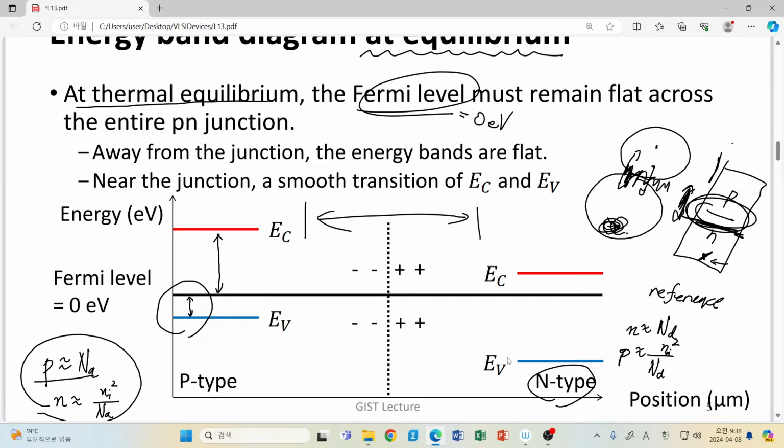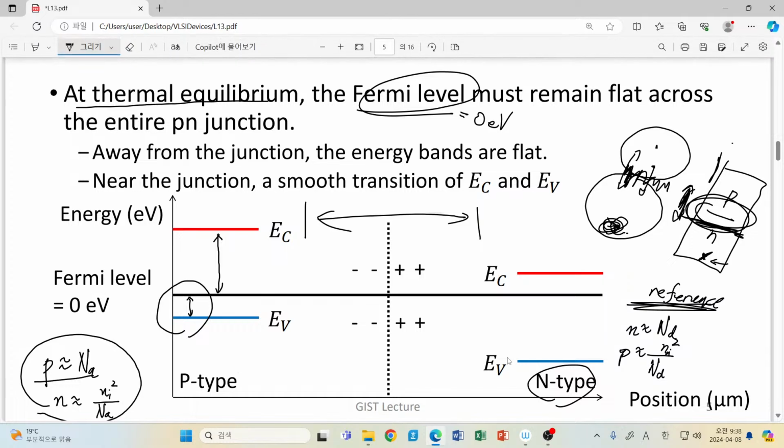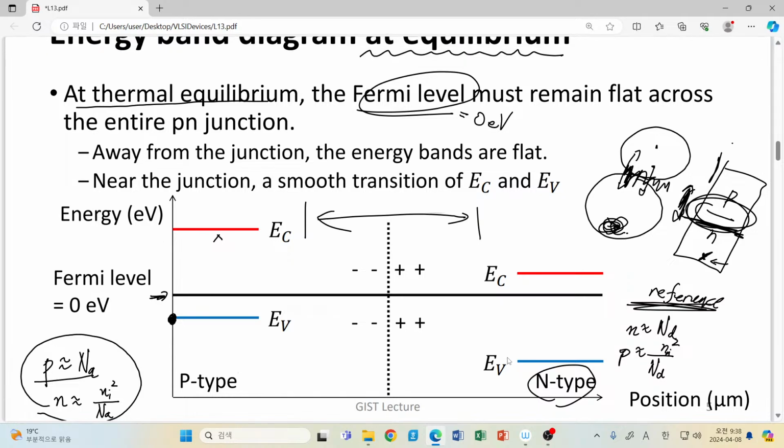Then, since the Fermi level is the reference, from this discussion we can understand where we can find our valence band. We can place our valence band in order to keep our hole density at the Na value. So please note that this is the reference. The valence band is not the reference.